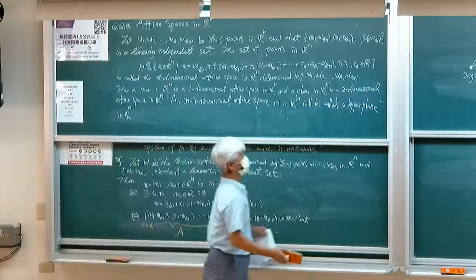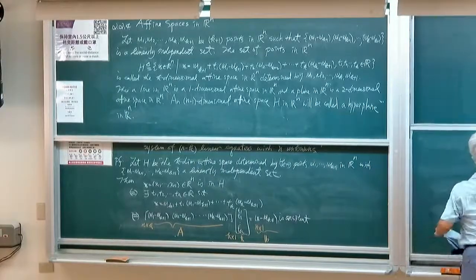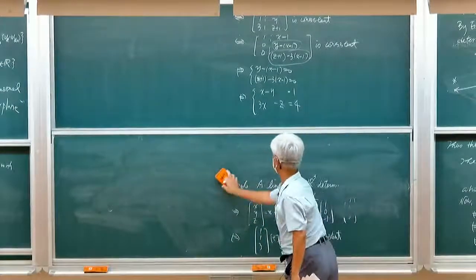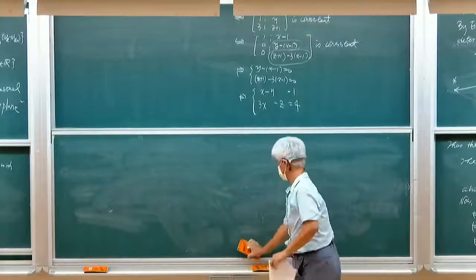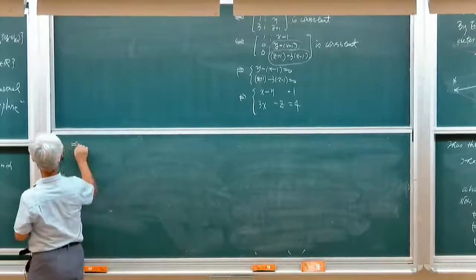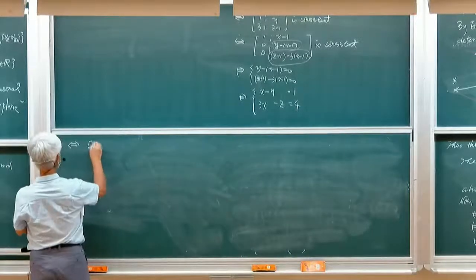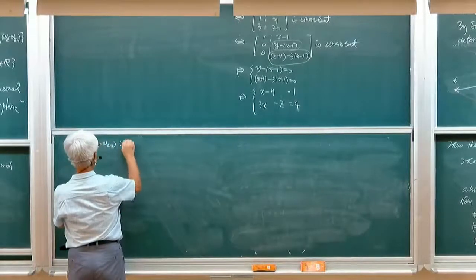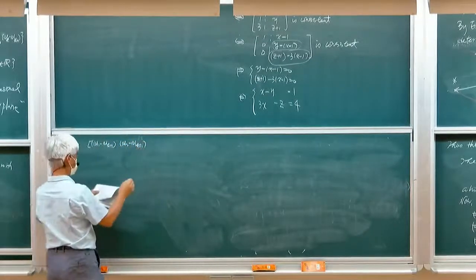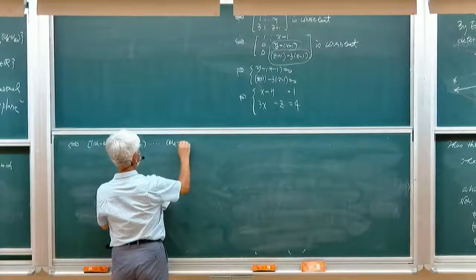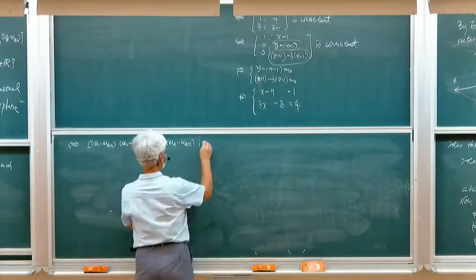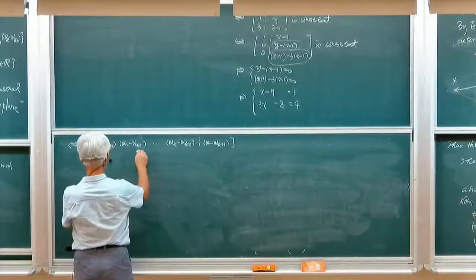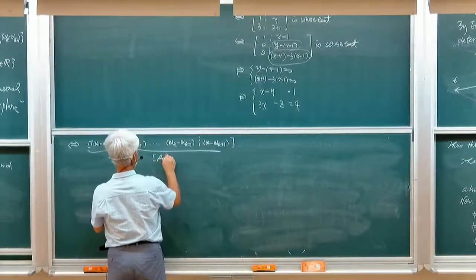Okay, so now by using the augmented matrix, with u_1 - u_{k+1} as the first column, u_2 - u_{k+1} as the second column, u_k - u_{k+1} as the k-th column, and x - u_{k+1}. So this is basically [A | B].